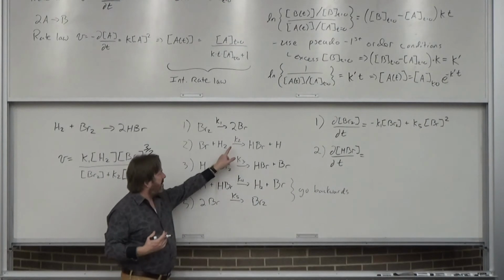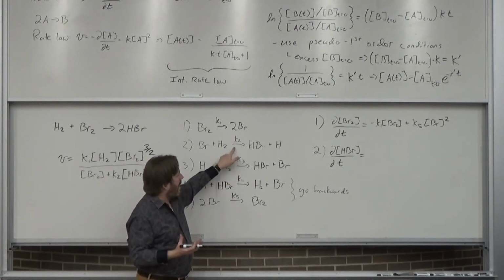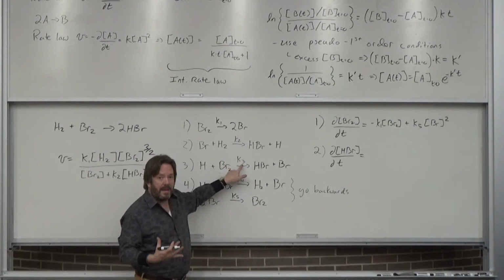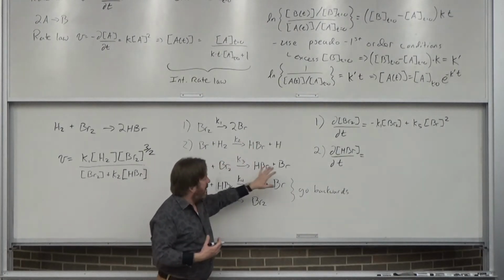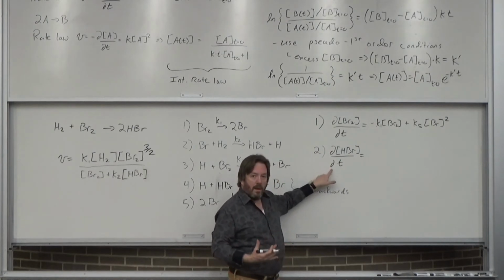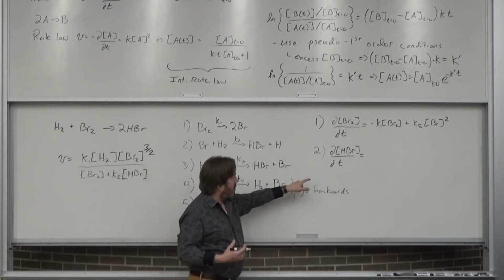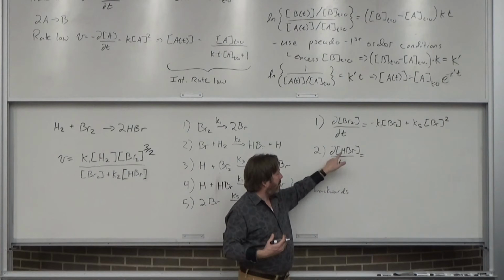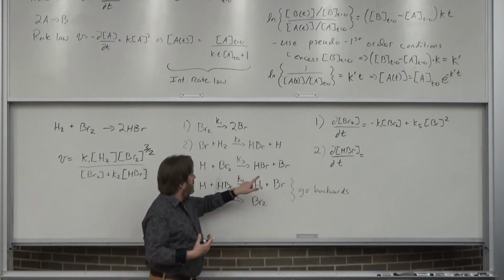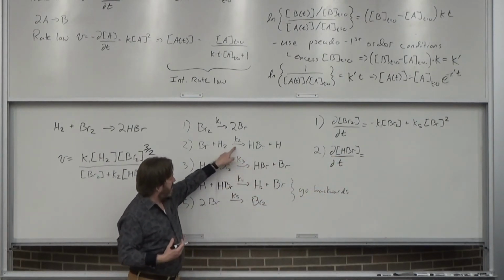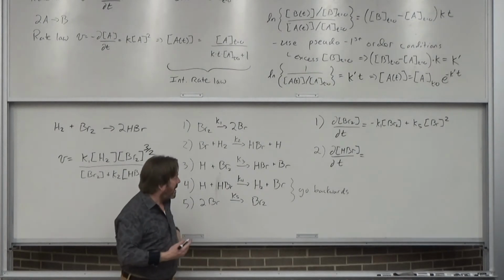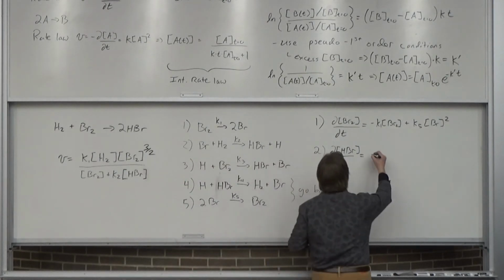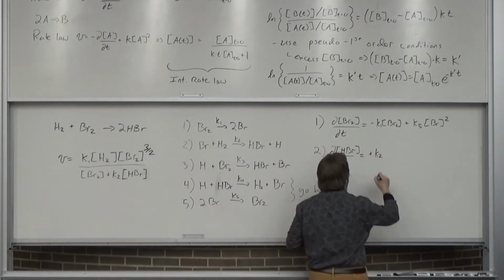There's going to be a positive k2 times things, and a positive k3 times things. That's because these are forming. The rate is going to go up. More HBr is formed over time, plus, because it's going to be plus k2 times something plus k3 times something, because you're forming HBr, you're forming product. Okay, so again, to make that more clear, let me go ahead and just write it down, plus k2.